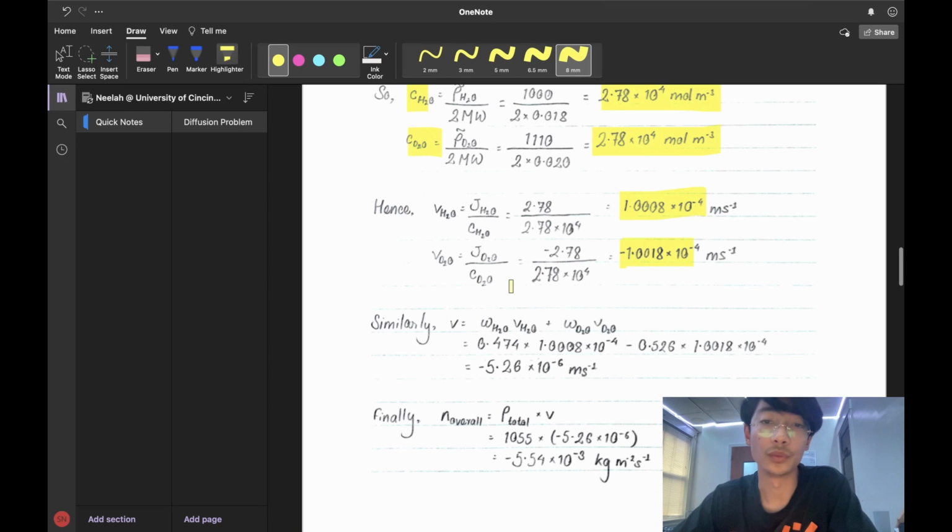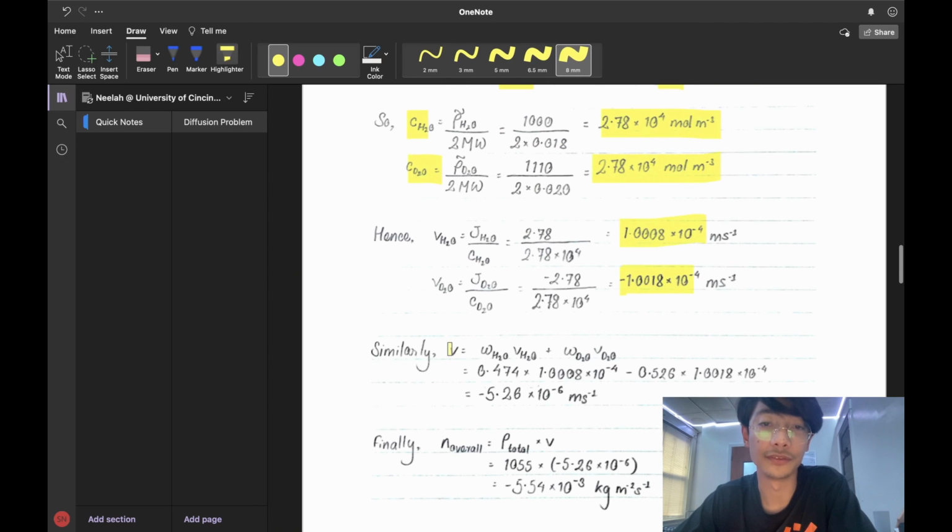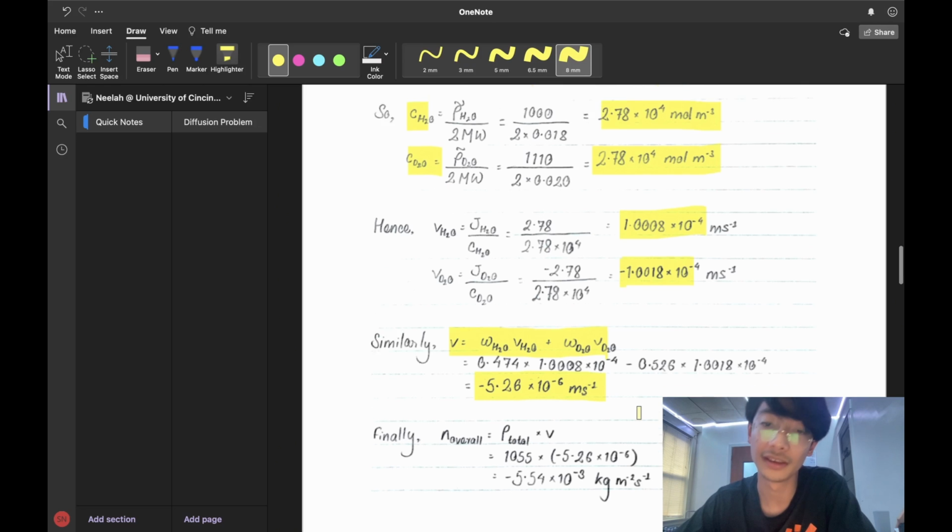Now, we have established that the mass average velocity is equal to the sum of the mass fractions of a component times the mass average velocity of that component. So we plug in all the values that we've calculated, and we get the final value for the mass average velocity to be negative 5.26 times 10 to the negative 6 meters per second.